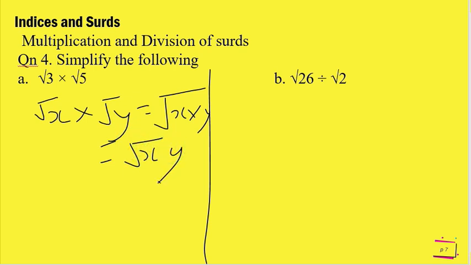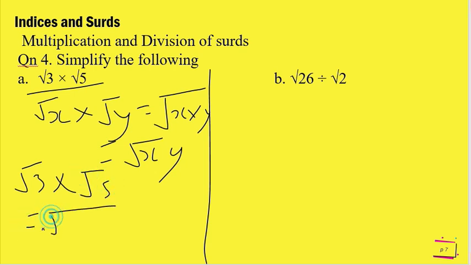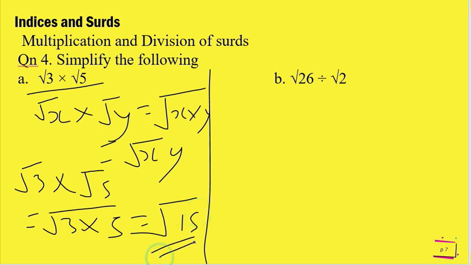Therefore, root 3 multiplied by root 5 will be equal to root 3 multiplied by 5, which is 15. So root 15 is the answer.